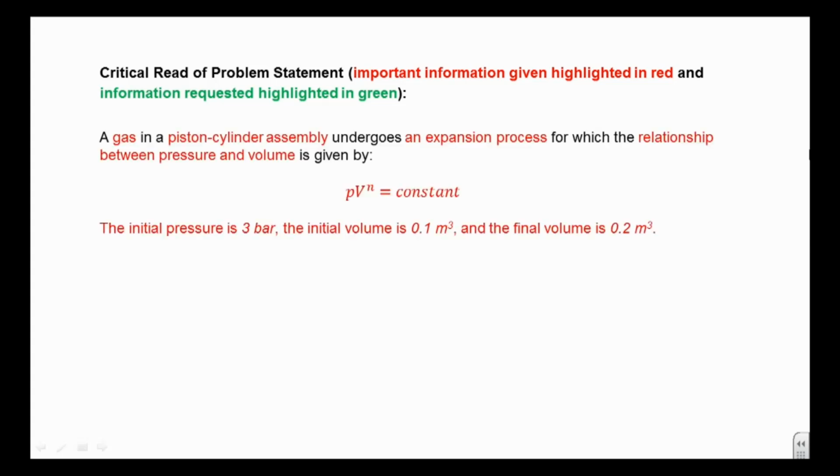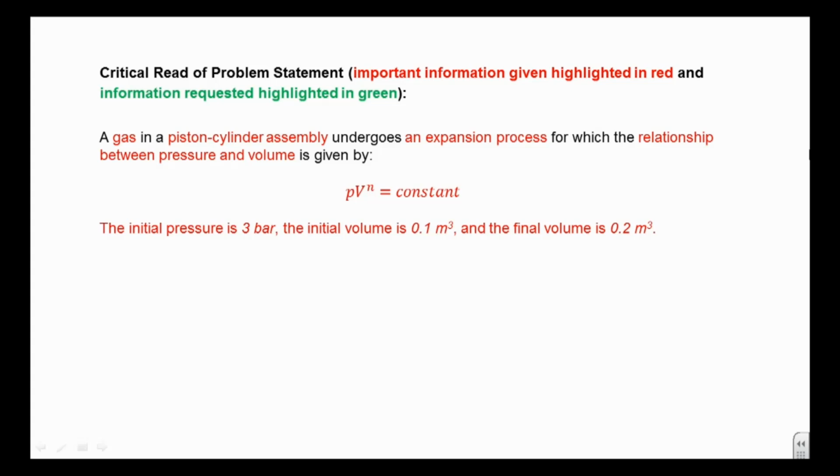First, let's do a critical read of the problem statement, highlighting in red the important information given and in green the information requested. A gas in a piston cylinder assembly undergoes an expansion process for which the relationship between pressure and volume is given by PV^n equal to a constant.